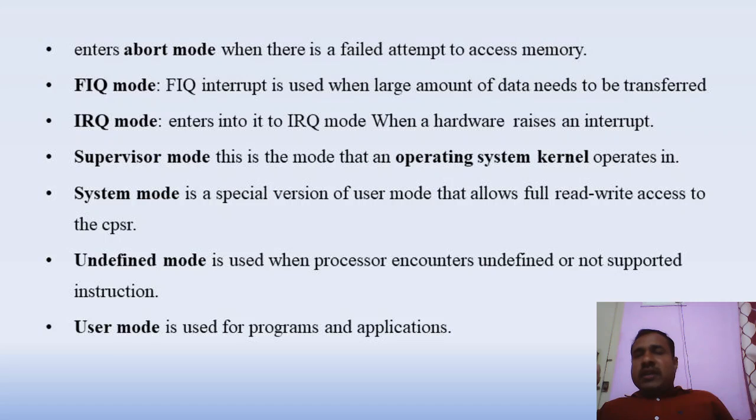IRQ mode is entered whenever a peripheral or any hardware device needs service from the processor. It raises an interrupt, and once the interrupt is accepted, the processor enters into IRQ mode.